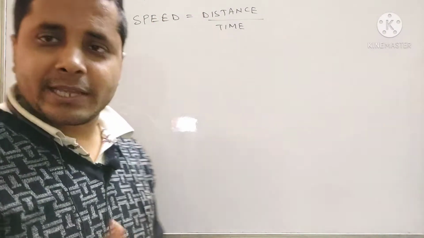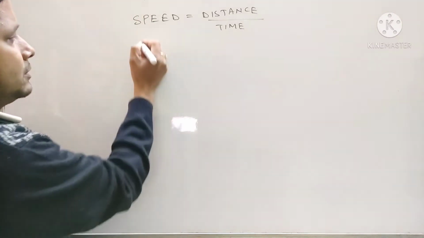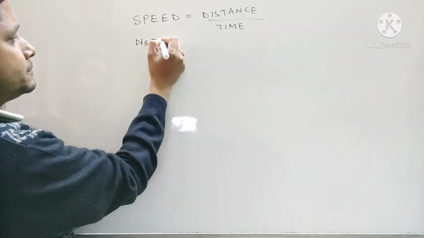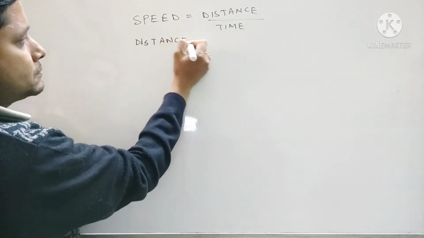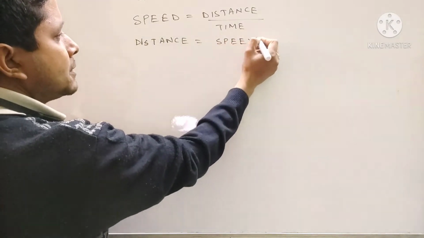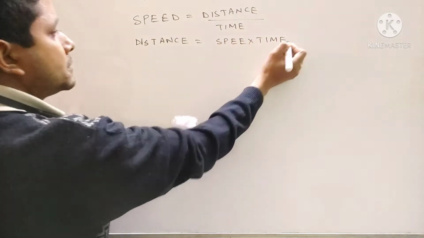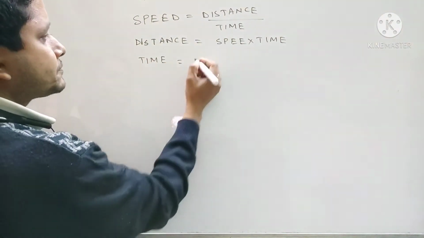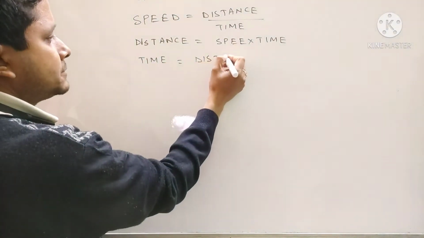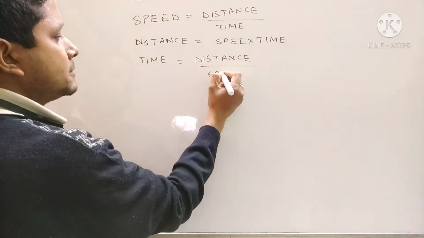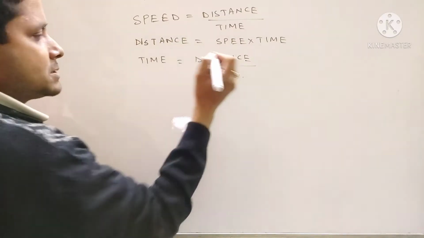From this we can get the formula of distance. Distance will be equal to speed into time, and time will be equal to distance by speed.